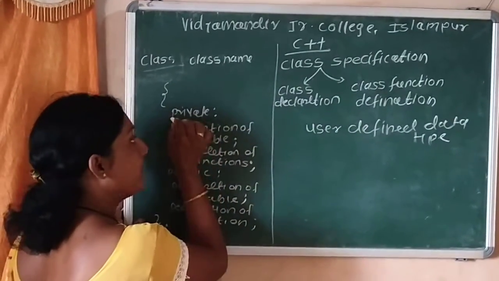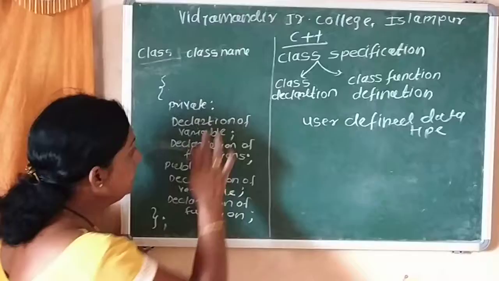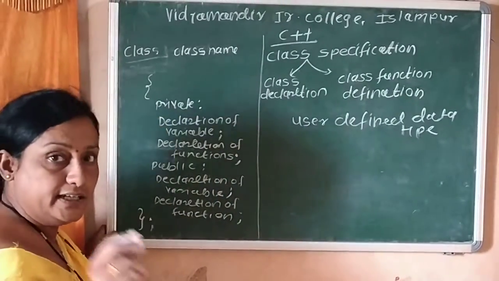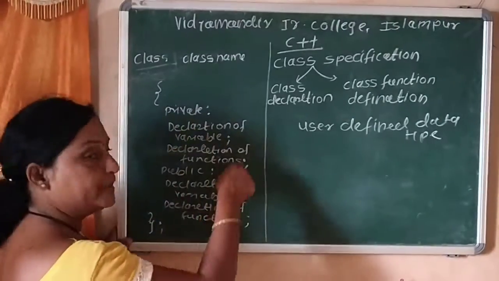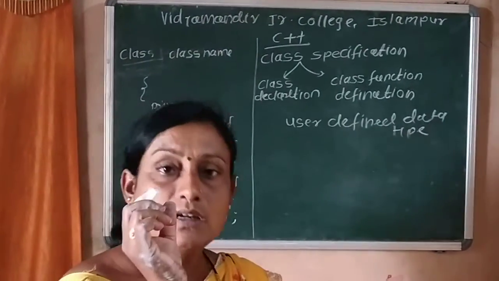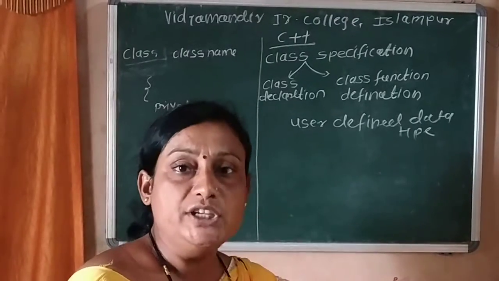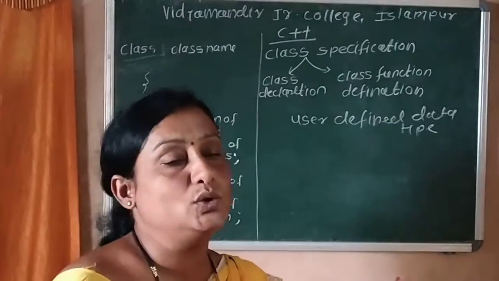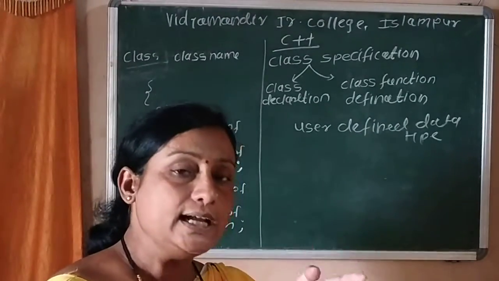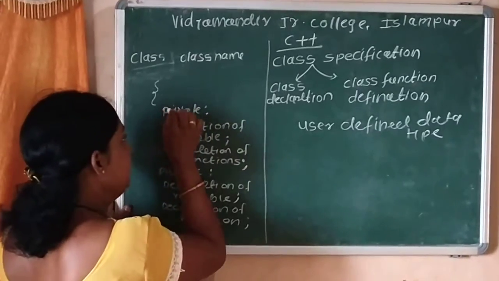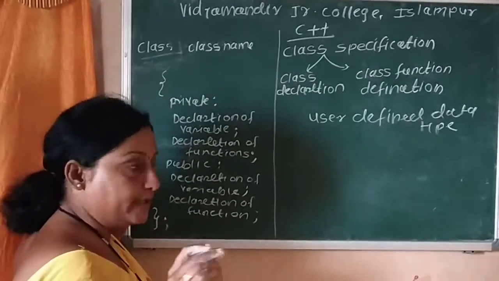When we use the private visibility mode, it means the variables and functions declared in a class are used within that class only. So private is a section in which we declare variables as well as functions that we use within that class only. Private is also a keyword.